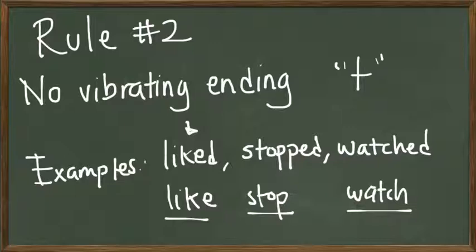If you notice, these endings, the k, p, and ch, they don't have a vibrating sound in the end. That's why, when pronounced in past, the result will be liked, stopped, watched. One more time. I am exaggerating on purpose so that you can listen better.